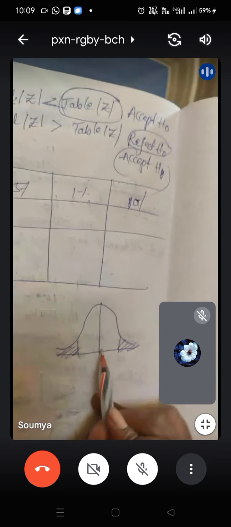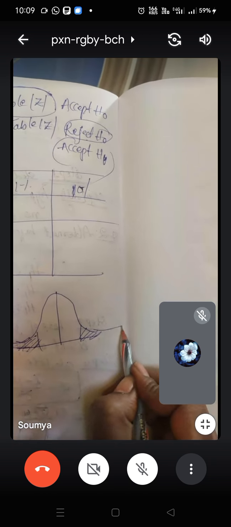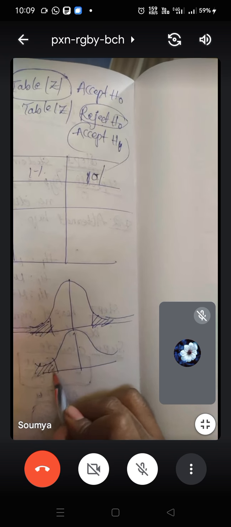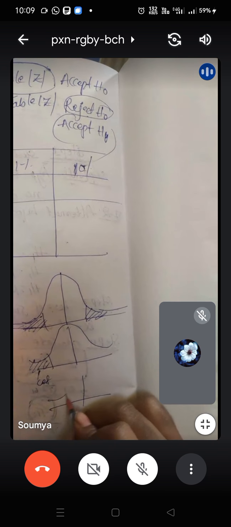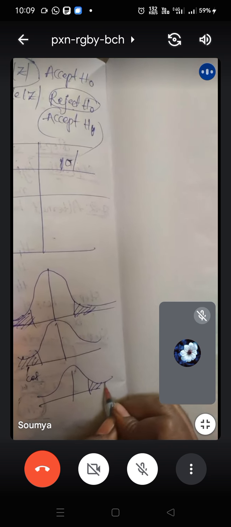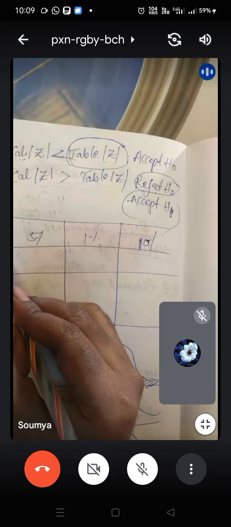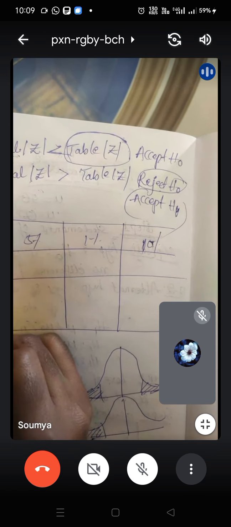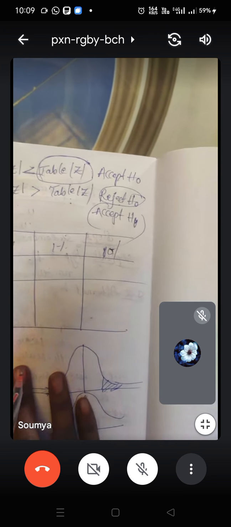If you have a figure like this, one-tailed means if you have the left hand side, this is called left tail, and if you have the right hand side, this is called right tail. So here we have to find the z value for two tail, for left tail and for right tail also. That is nothing but tabulated z.